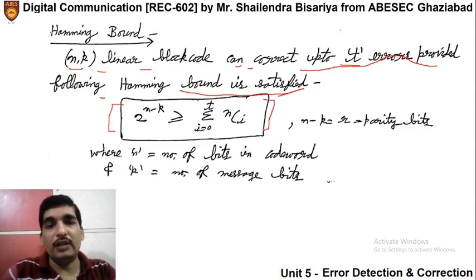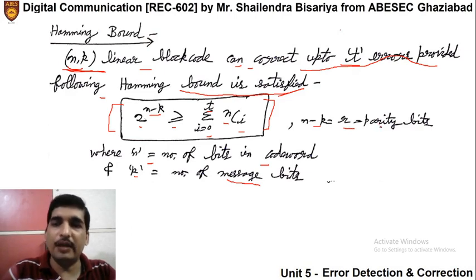Now what is this condition? 2 to the power n minus k is greater than or equal to the summation i equal to 0 to t of nCi, where n is the number of bits in the code word for the (n, k) linear block code, and k is the number of message bits. So n minus k is basically r, the parity bits.